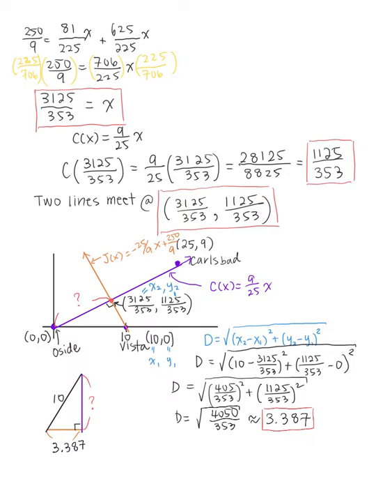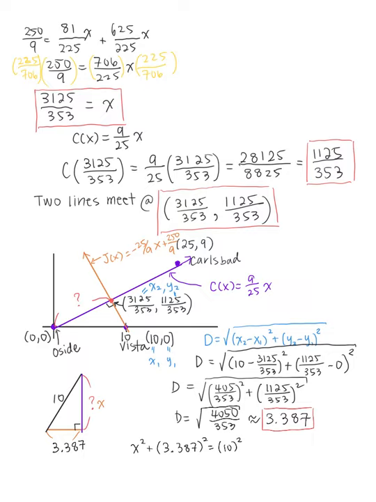All right, now I think we're good to go. Now we're going to bust out the Pythagorean theorem and we're done. Let me call the question mark x. The formula goes x squared plus 3.387 squared equals 10 squared, right? That's the Pythagorean theorem.